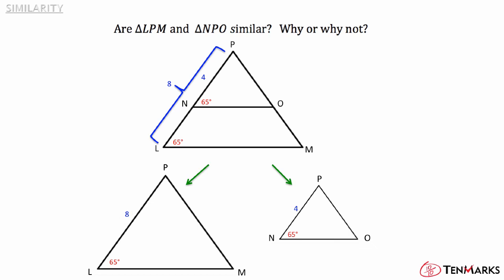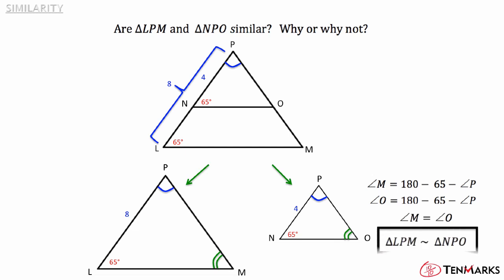Angle P is congruent to itself, so 2 pairs of corresponding angles are congruent. What do you know about the third angles of the triangles? Angle M is 180 minus 65 minus angle P, and angle O is equal to 180 minus 65 minus angle P as well. That means that angle M and angle O are congruent.